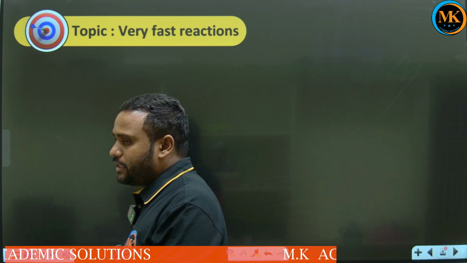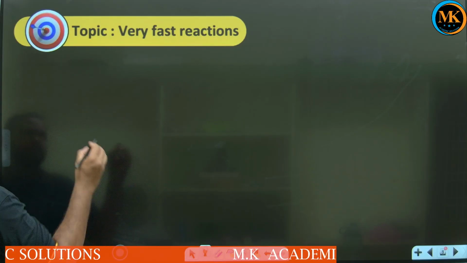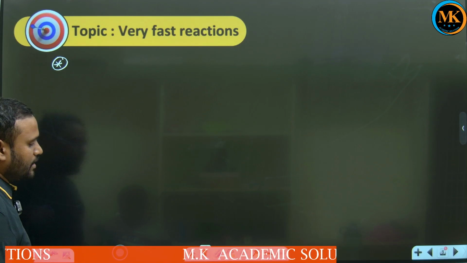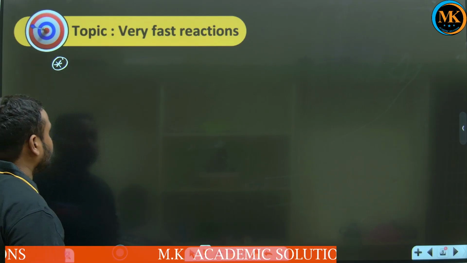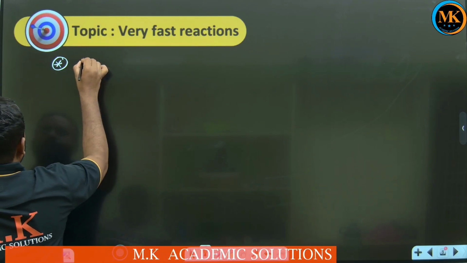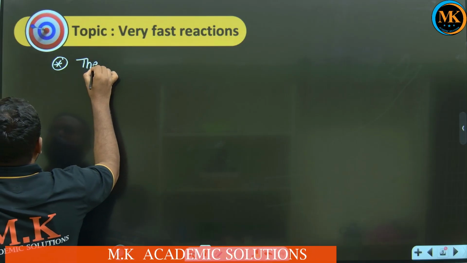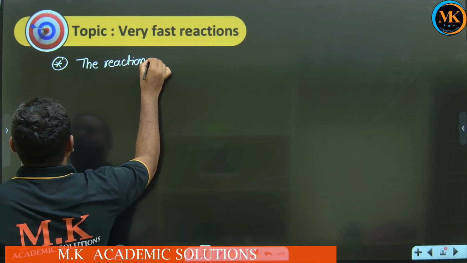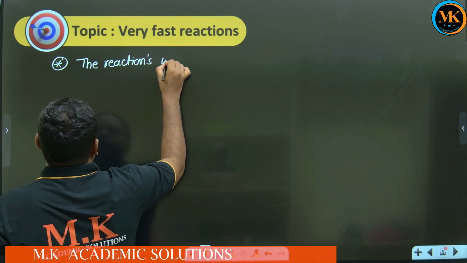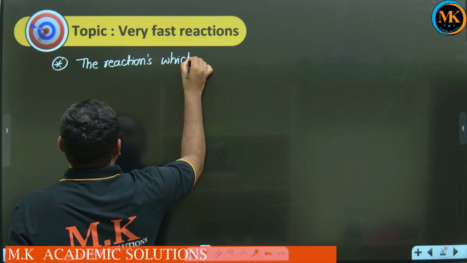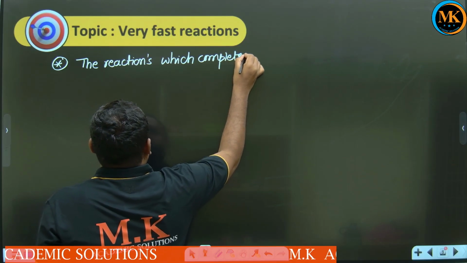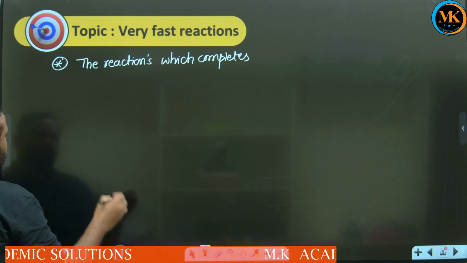Okay, so let us see some examples for the very fast reactions. First let us define the very fast reactions. What are the very fast reactions, children? The reactions which complete within fraction of seconds.